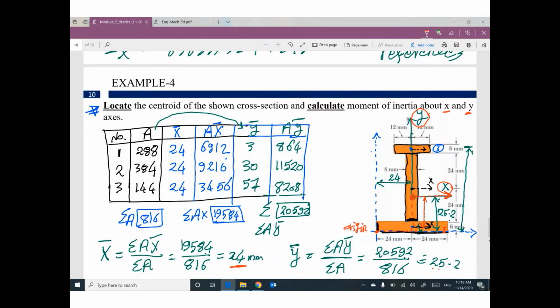What is the distance for part number 2? Part number 2, I assumed at this centroid, we have x-axis for this part only. But we have a real x-axis for the whole cross-section. Can you tell me what is the distance in between? Yeah, the vertical total distance is 30 minus 25.2. This little distance will be 4.8.